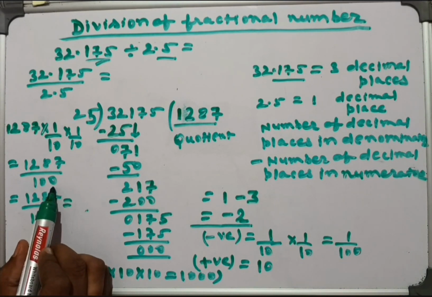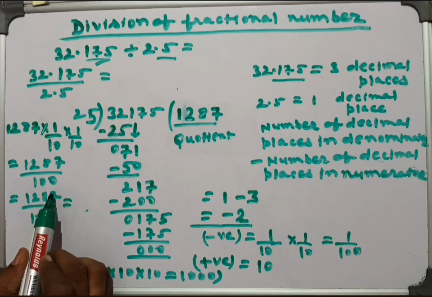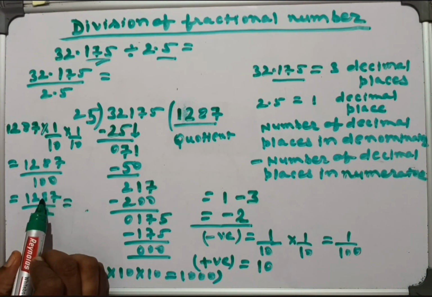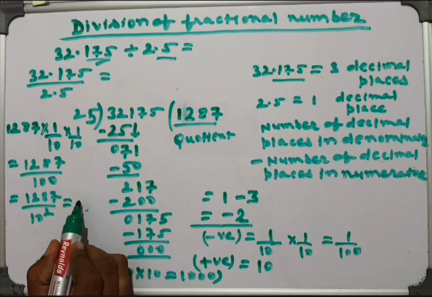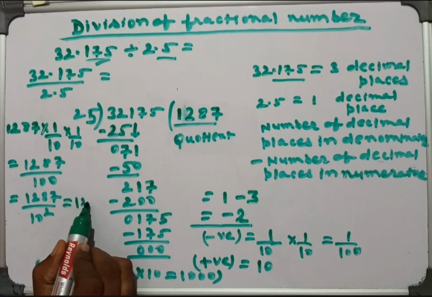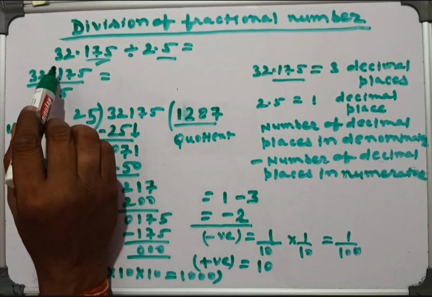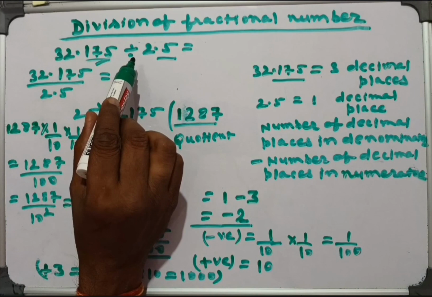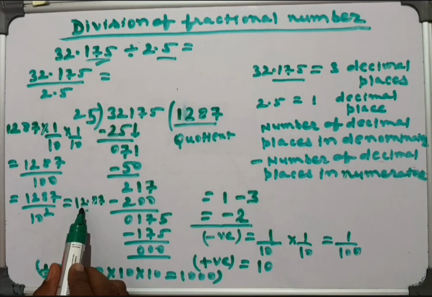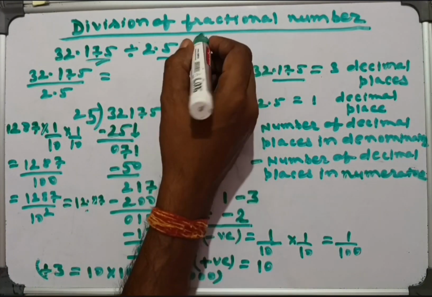When we move 2 digits right to left, first comes 7, second is 8, then you stop here and put a decimal point here. Then the final solution of this decimal number division is 12.87.